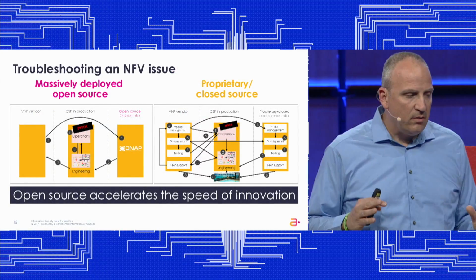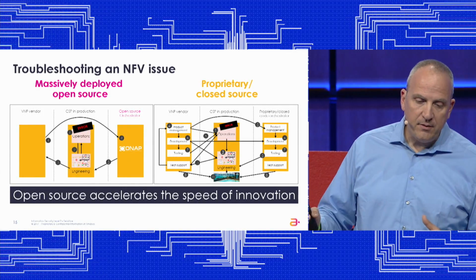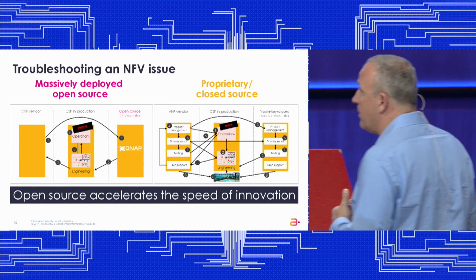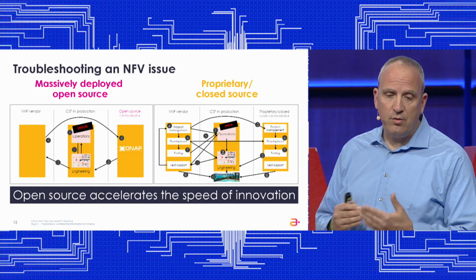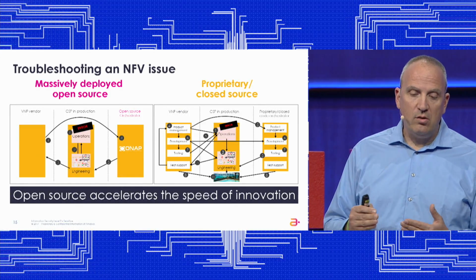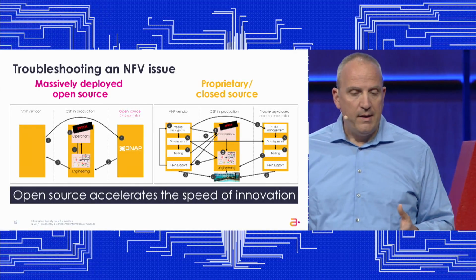We had two options. One of them is a proprietary solution on the right, where every problem goes and becomes a troubleshooting issue. And the other option was to make the orchestrator an open source orchestrator.